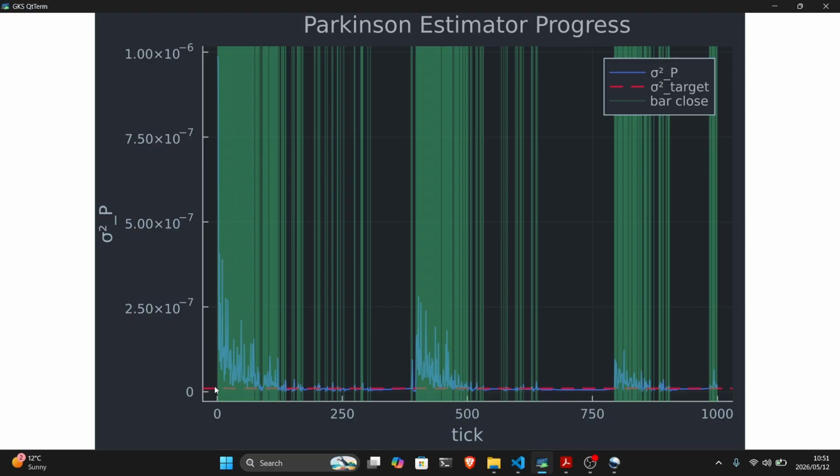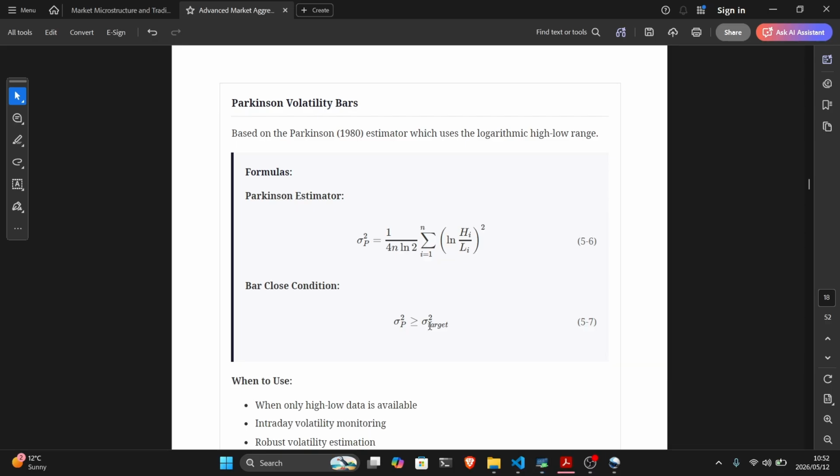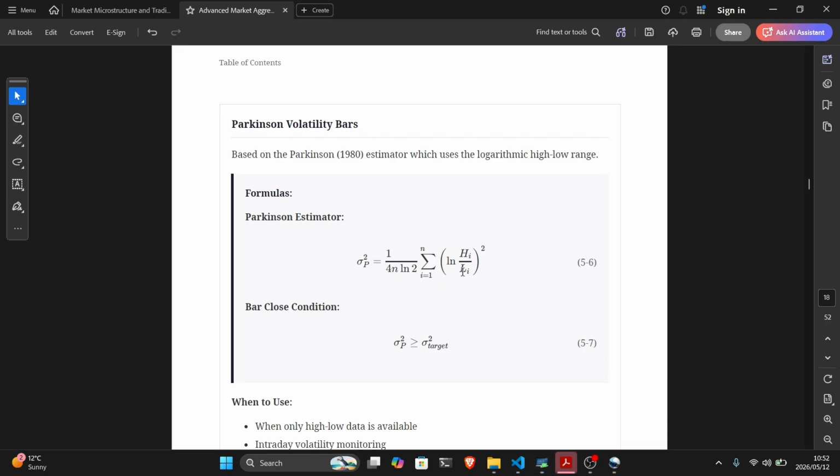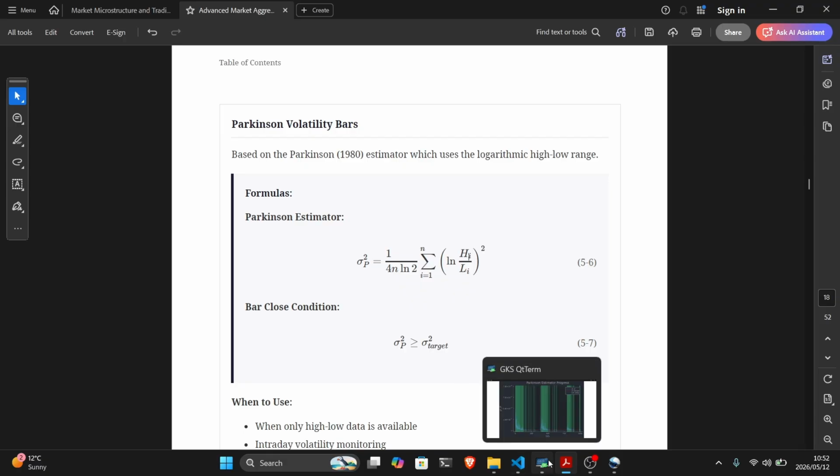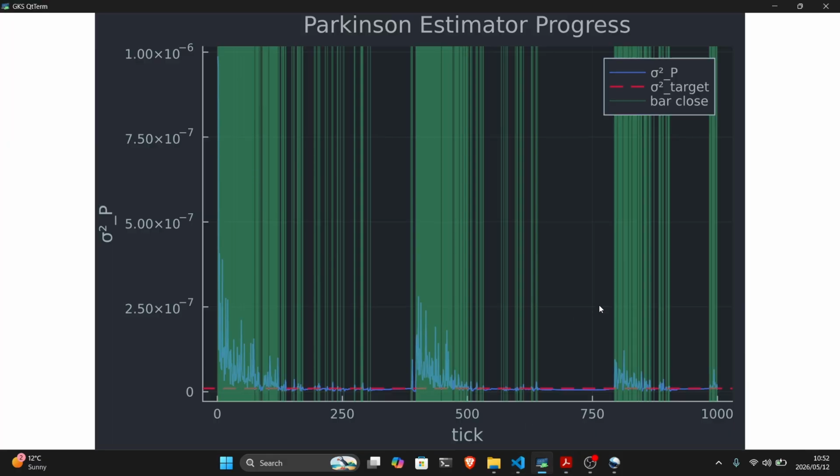So look at how many times the target was hit. It makes sense there are so many bar closes. Pay attention to the periods where there were no closes, because when you look at sigma squared sub p, as our high and low index up until n, we have this beautiful geometry that represents that the market might be hitting this target more than we think.